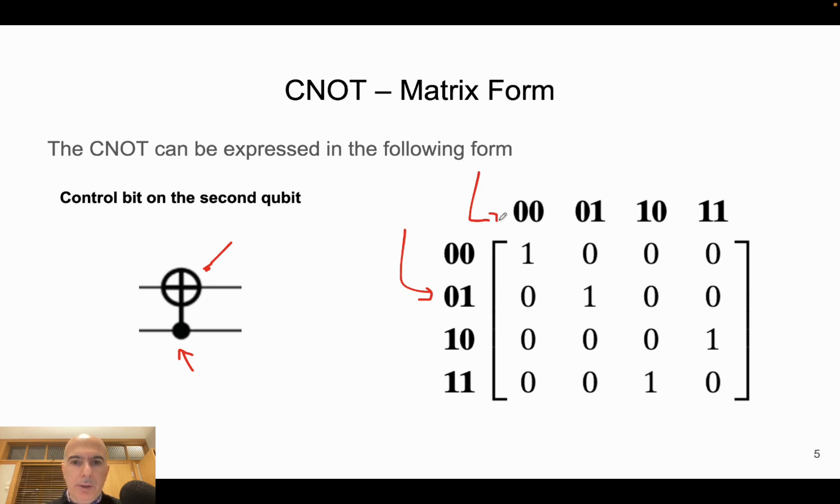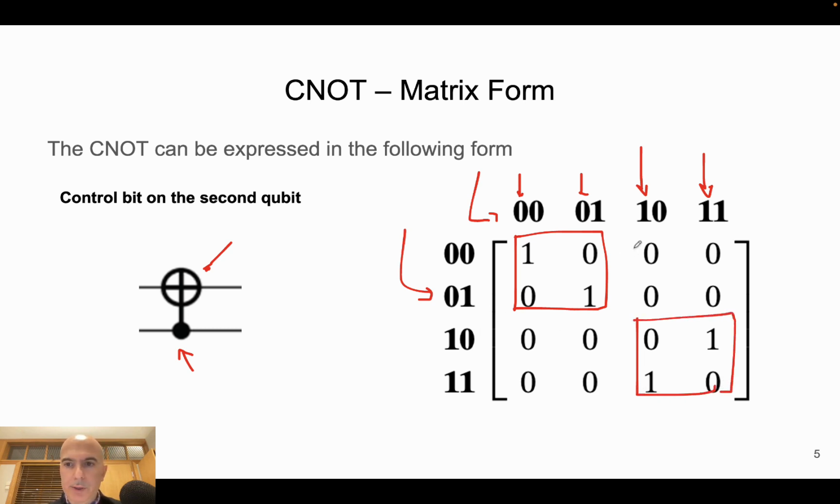When the second qubit is in state 0, the output is the same, so here there is an identity matrix. When the control qubit is 1, we have a NOT operation on those states. So if we have 1 0, we will get 1 1, and if we have 1 1, we will get 1 0.